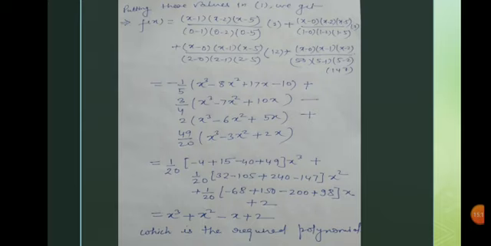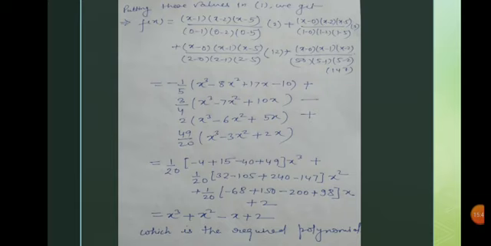So after solving, this term is equal to minus 1 by 5 (x cube minus 8x square plus 17x minus 10) plus 3 by 4 (x cube minus 7x square plus 10x) minus 2 (x cube minus 6x square plus 5x) and plus 49 upon 20 (x cube minus 3x square plus 2x).